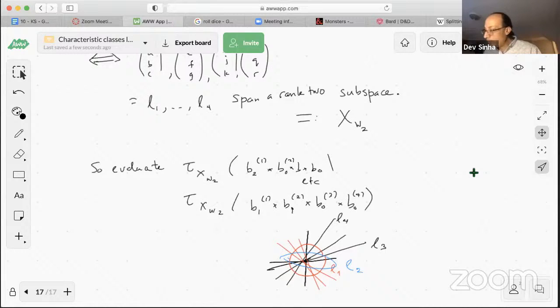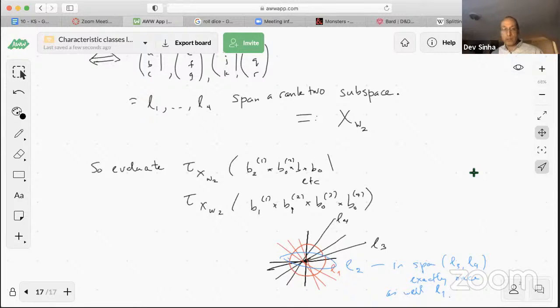So L2 will be in the span of L3, L4 exactly once, as will L1. And so that means in this product, this B1 factor 1 cross B1 factor 2, that's an RP1 cross RP1 inside this product of RP. I guess I'm thinking of these as RP2s at the moment.